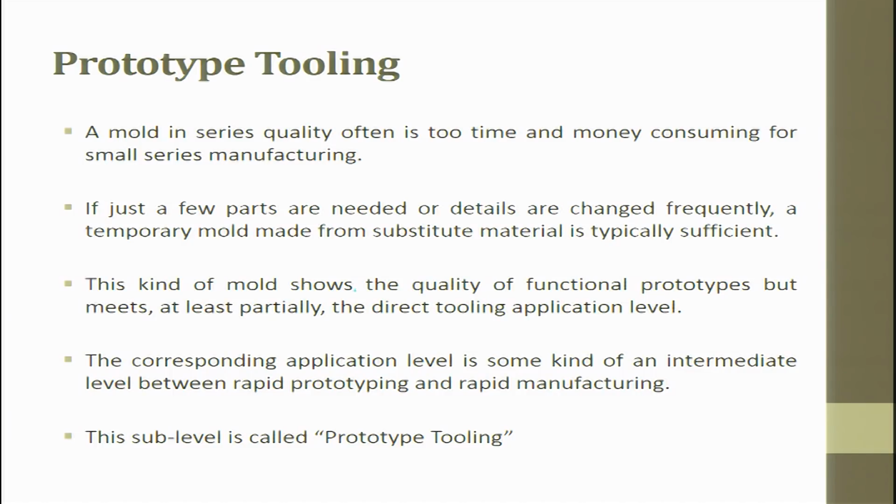This kind of mold shows the quality of the functional prototypes, but meets at least partially the direct tooling application level. The corresponding application level is some kind of an intermediate level between rapid prototyping and rapid manufacturing. This sub-level is called prototype tooling.